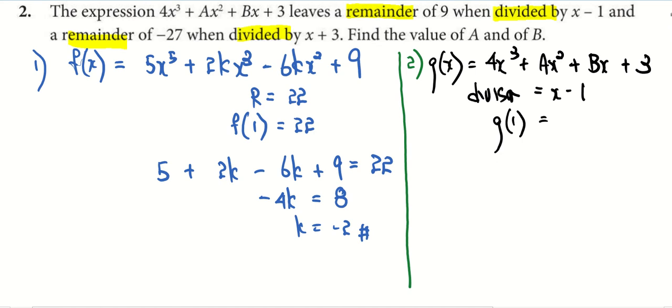But did they tell us what is the remainder? Negative 27. So now I need to put my 1 into the polynomial.